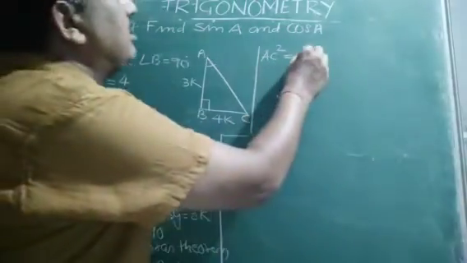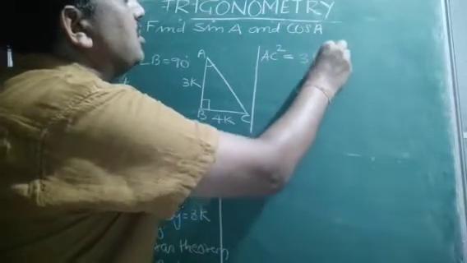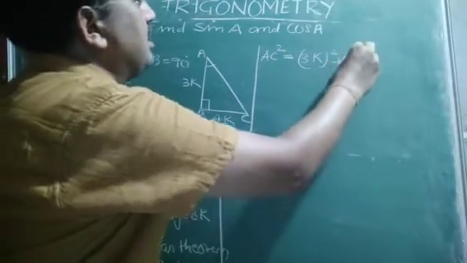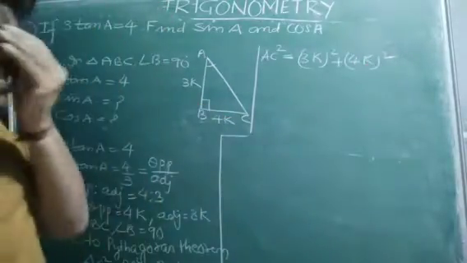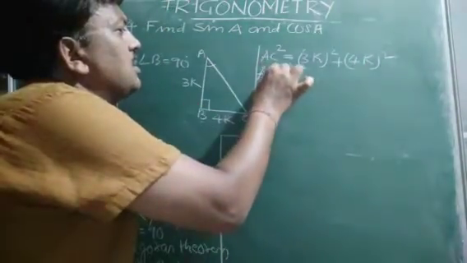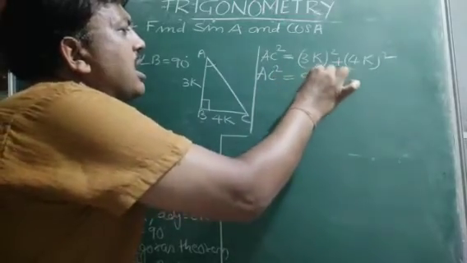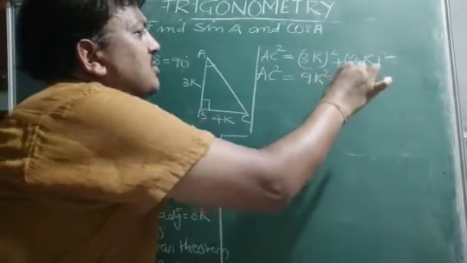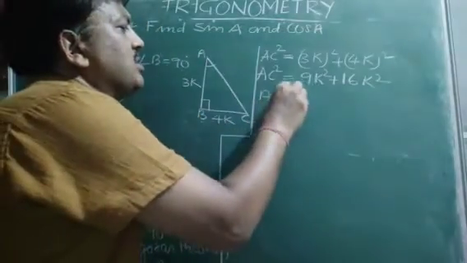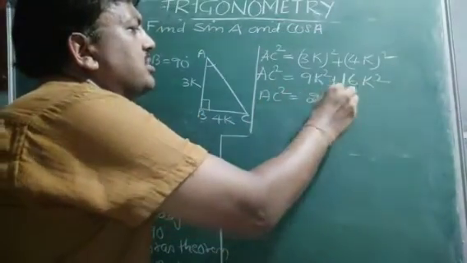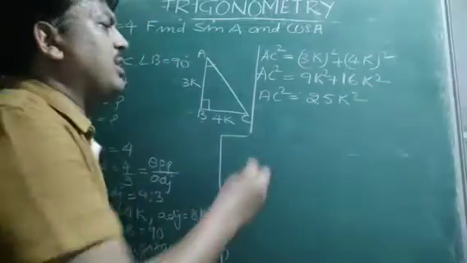AB square 3k square plus BC square 4k square. Okay children. So AC square is equal to 9k square plus 16k square, so AC square is equal to 25k square.